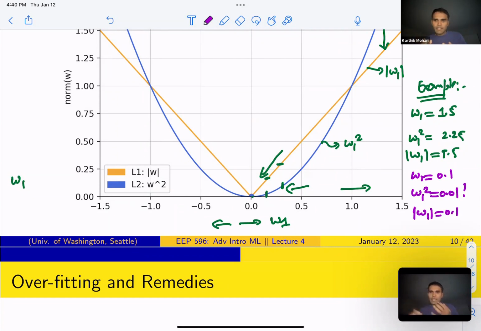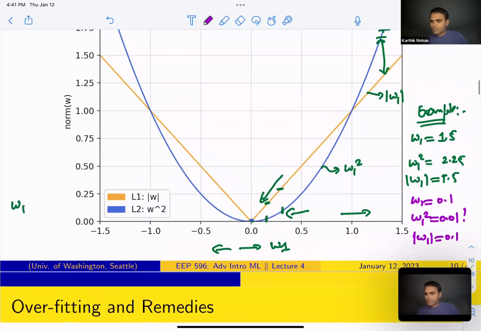So in terms of a penalty, L2 square doesn't have much penalty for a weight that is 0.1. But L1 has a higher penalty. The penalty is 0.1, like 10 times higher than L2. So L1 says, you're giving me a high penalty for a weight that is 0.1, so I'm going to keep pushing it down. There's more incentive for me to push it down because I want to minimize the penalty, right? So this is also another way to understand why L1 promotes sparsity, whereas L2 doesn't as much.